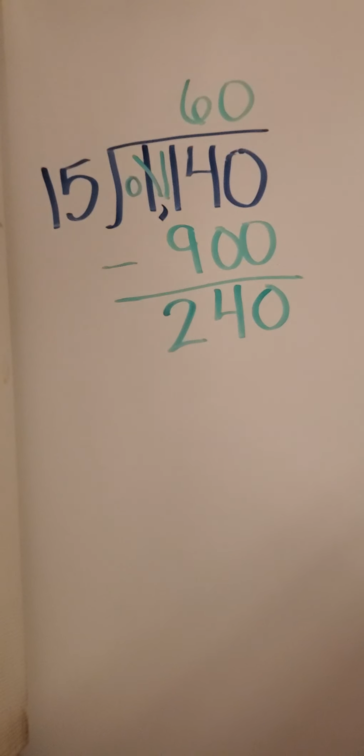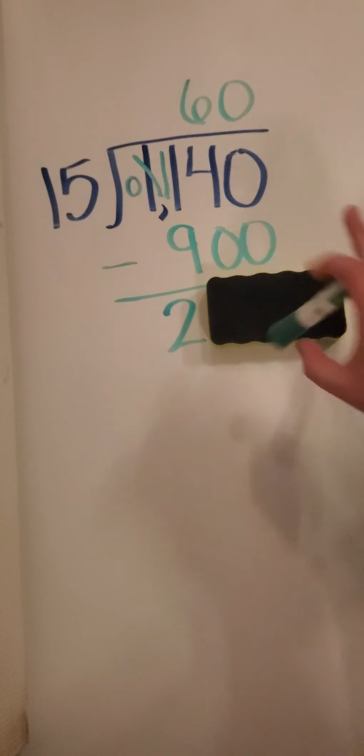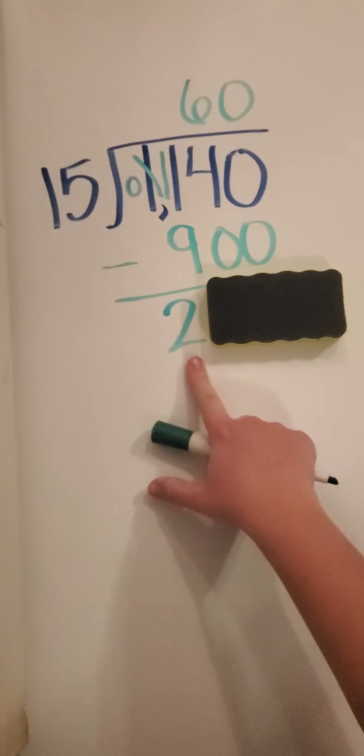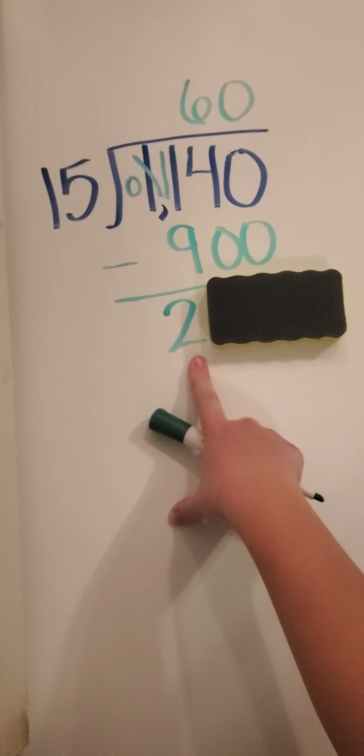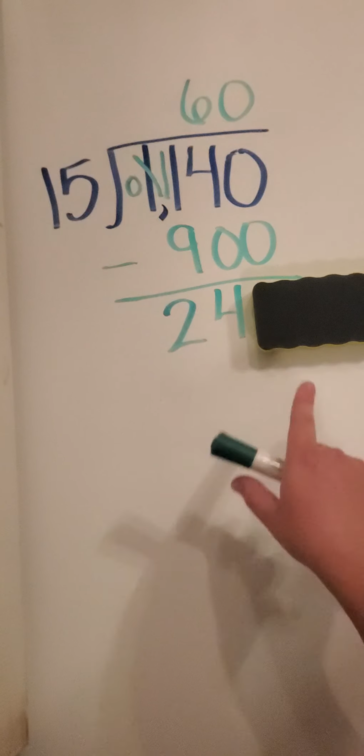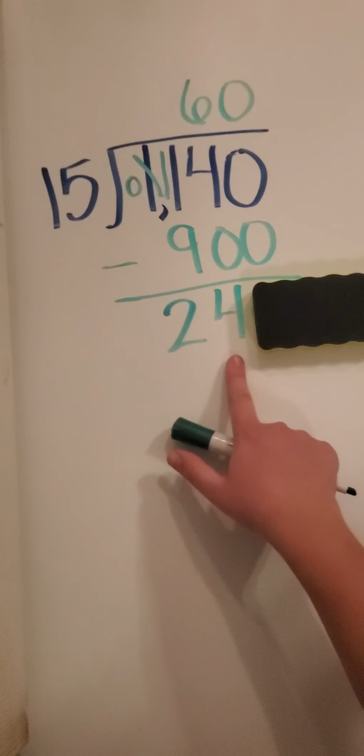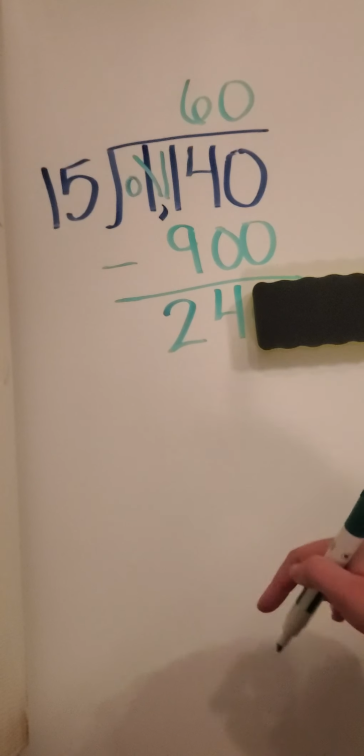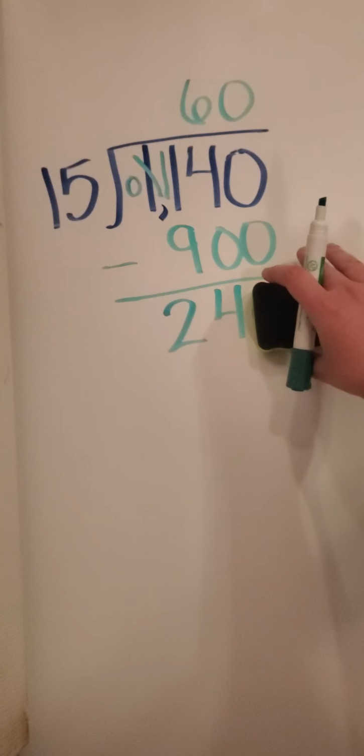Okay, so now we're starting over. 15, does it fit into 2? No. Does 15 fit into 24? Yes. How many times without going over? Well, we know that 15 times 2 is 30. 30 is too big, so we're just going to have to multiply 15 times 1.